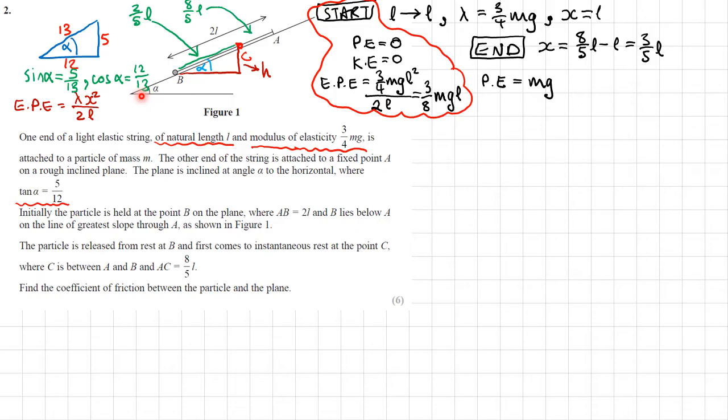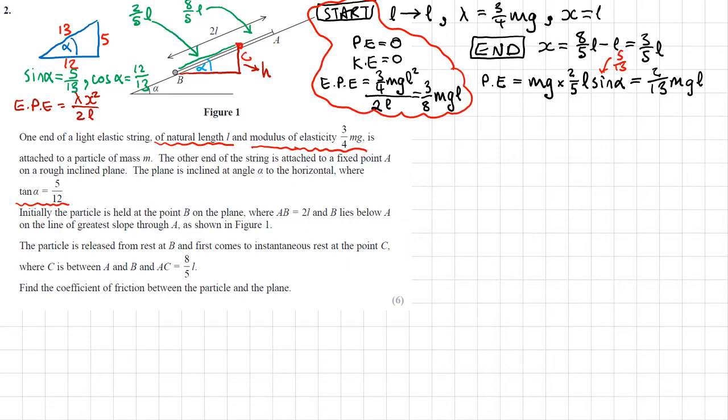This height here is going to be 2/5 L sine alpha. Let me write that down first. So h is going to be 2/5 L times sine alpha. Now, since sine alpha is 5/13, if we multiply the 2/5 and the 5/13, then what we get for the potential energy is 2/13 mgL.